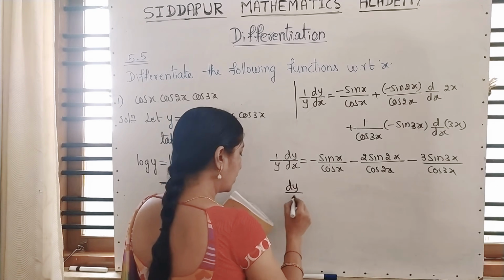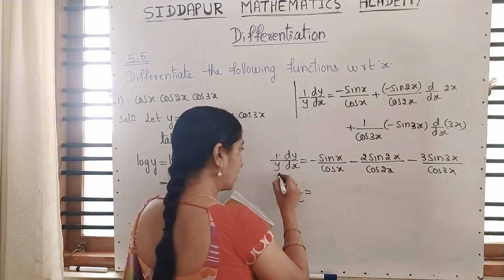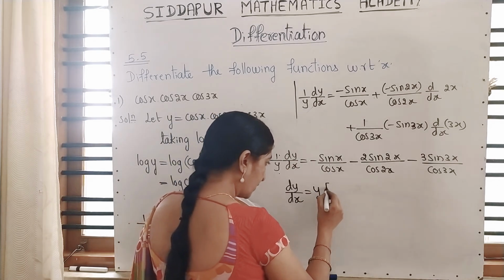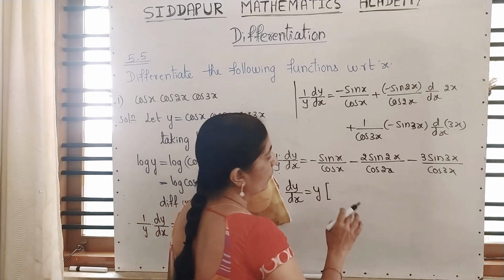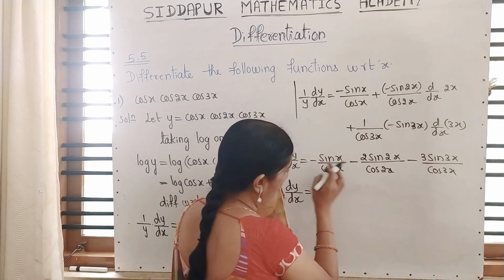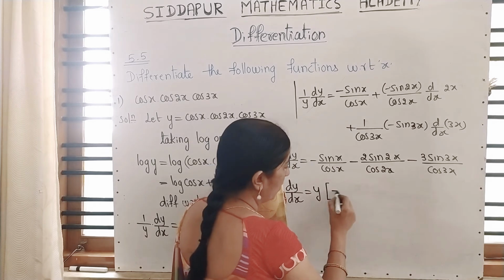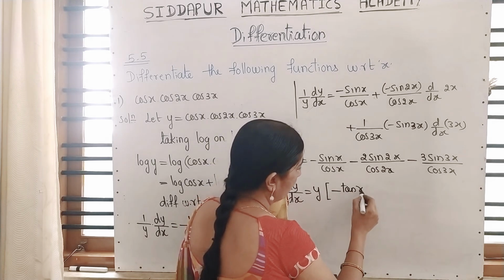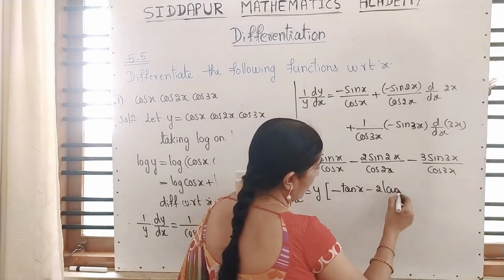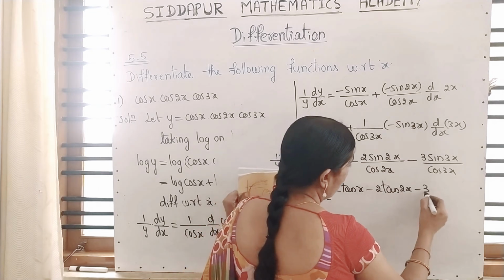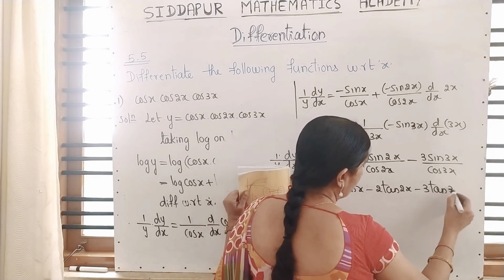Dy upon dx is equal to 1 by y, taking y on that side. And at the same time I will write one more step. Sin by cos. See that the angles are same or what? It is minus tan x minus 2 tan 2x minus 3 tan 3x.